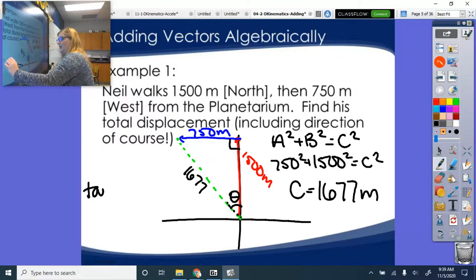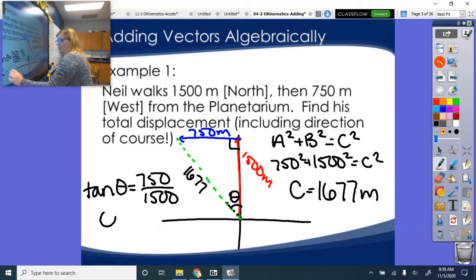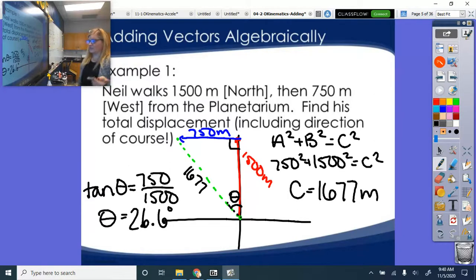So tangent of theta equals my opposite over my adjacent. So 750 divided by 1,500. And I'm going to use the inverse tangent to solve for theta. And theta, I believe, is 26.6 degrees. So I have to decide how I'm writing that fully out in my direction.